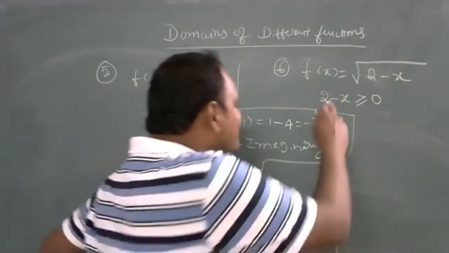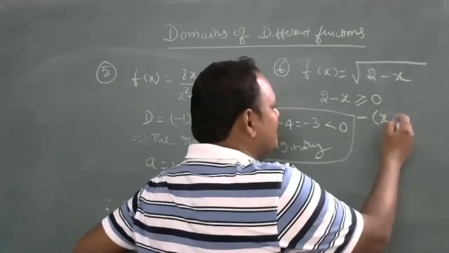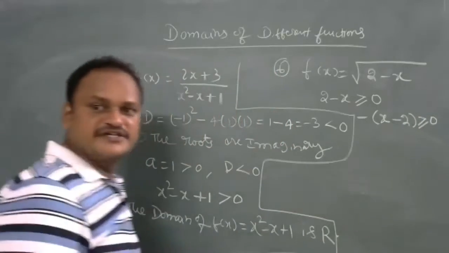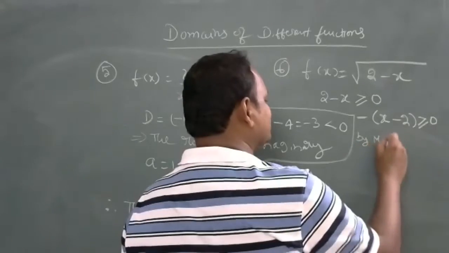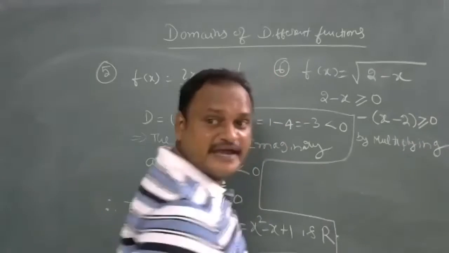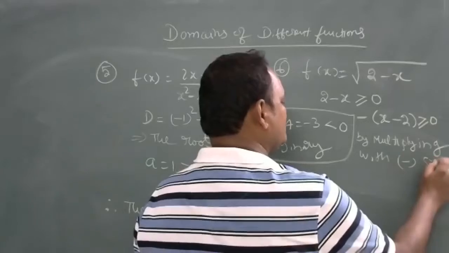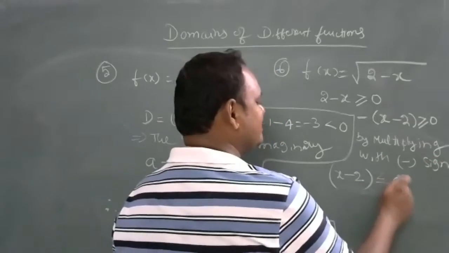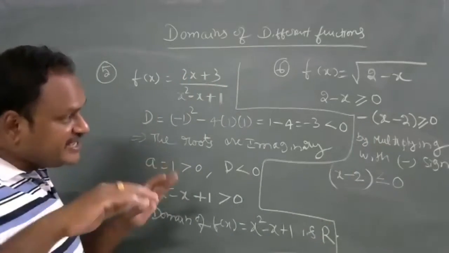Once 2 minus x is greater than or equal to 0, we can write this as minus of x minus 2 is greater than or equal to 0. How? By multiplying with the minus sign. Whenever we multiply with a negative sign, the inequality is reversed.